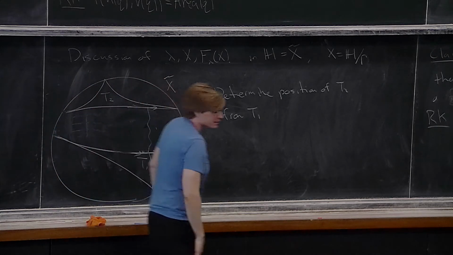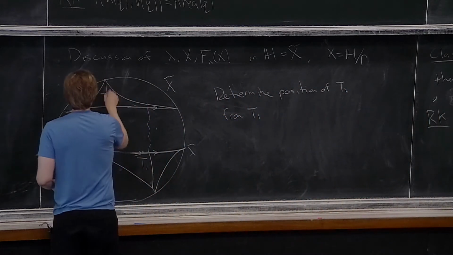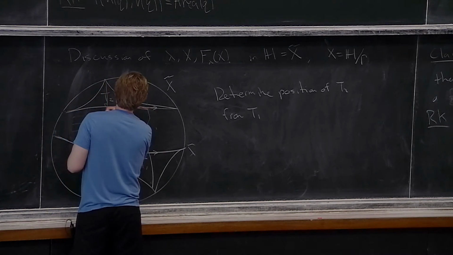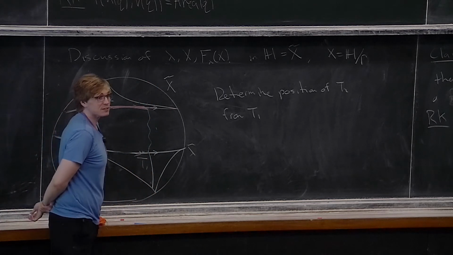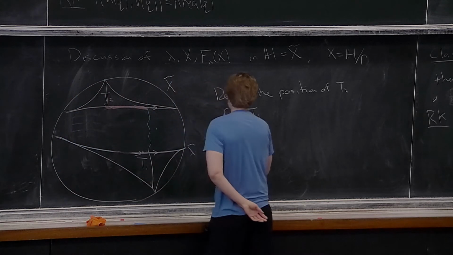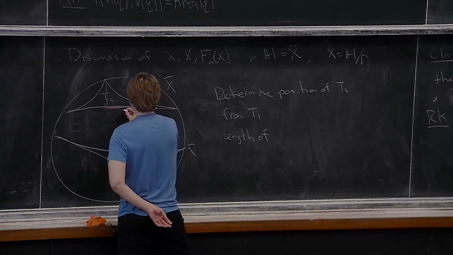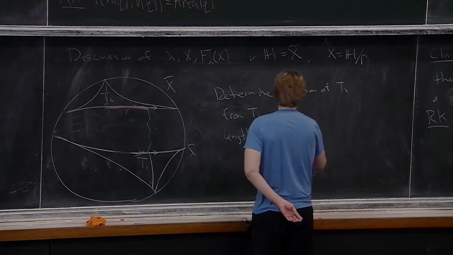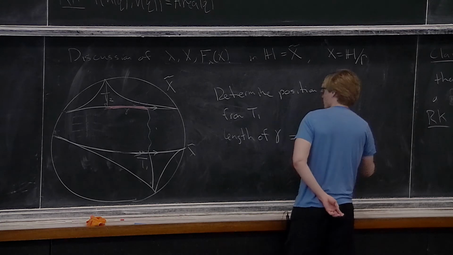But there's a remaining thing called the shear that does determine it. To define the shear, I drop this perpendicular and look at that red segment. The length of that red segment, which I'll call gamma, is what we'll call the shear between T1 and T2.